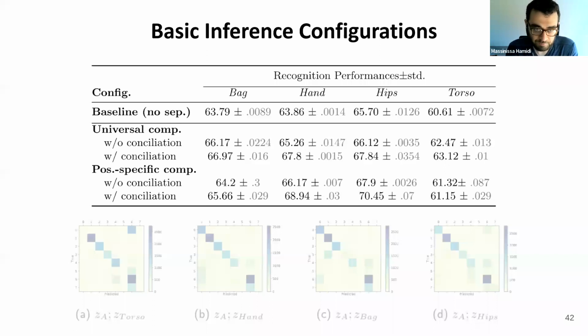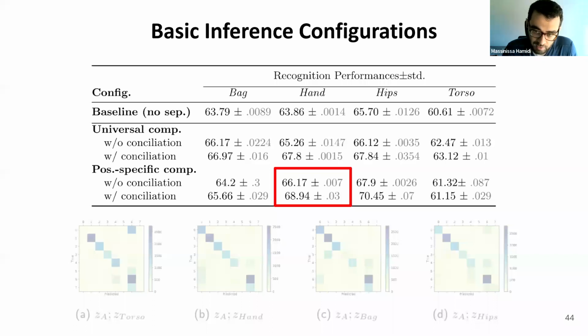So we can see the recognition results with the different representations learned at a local level by each learner with and without the conciliation phase. For example, these highlighted classification results are obtained using the universal components learned by the hand-specific learner as inputs to the dense layer, while these are obtained using the hand-specific components as inputs.